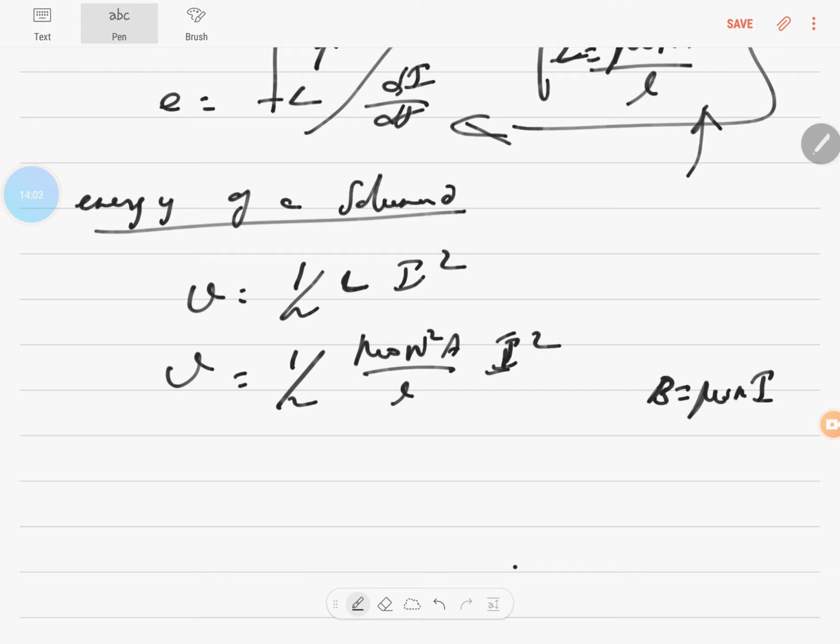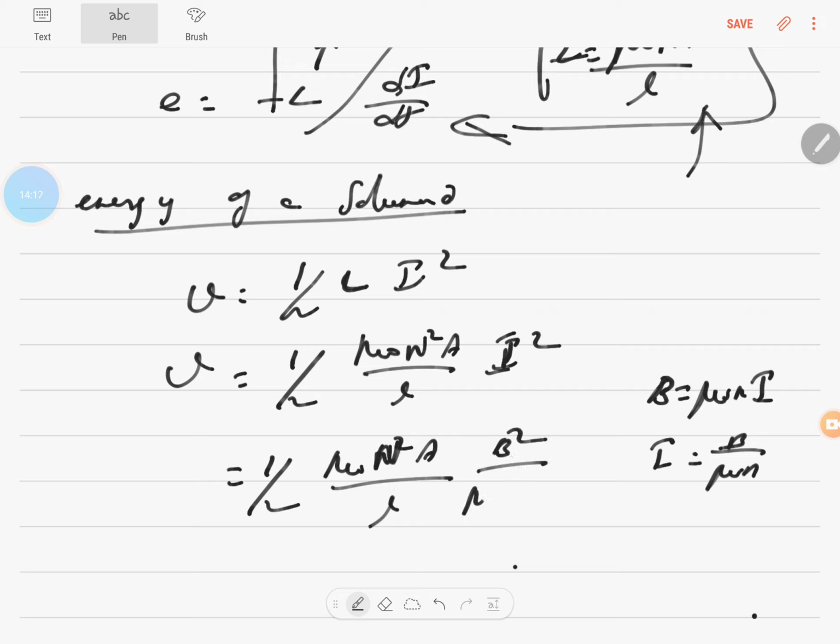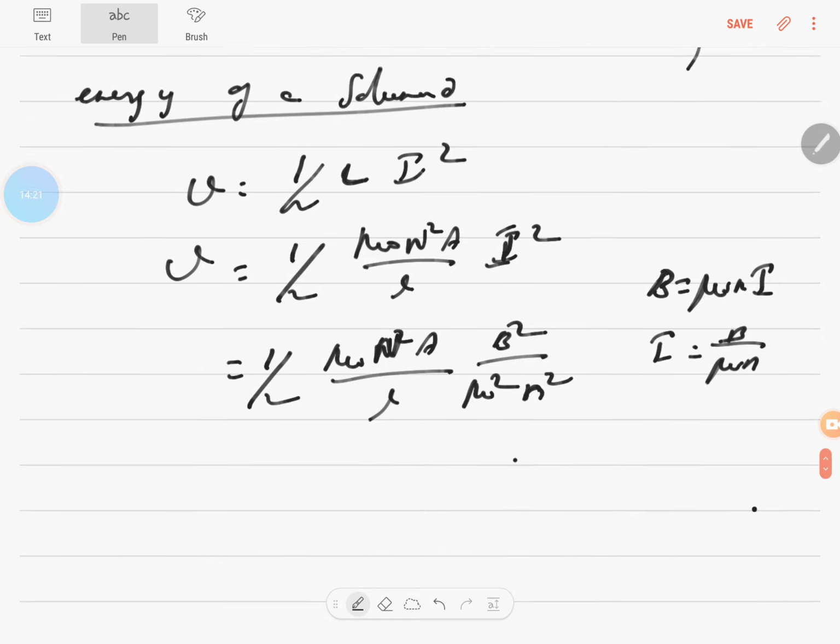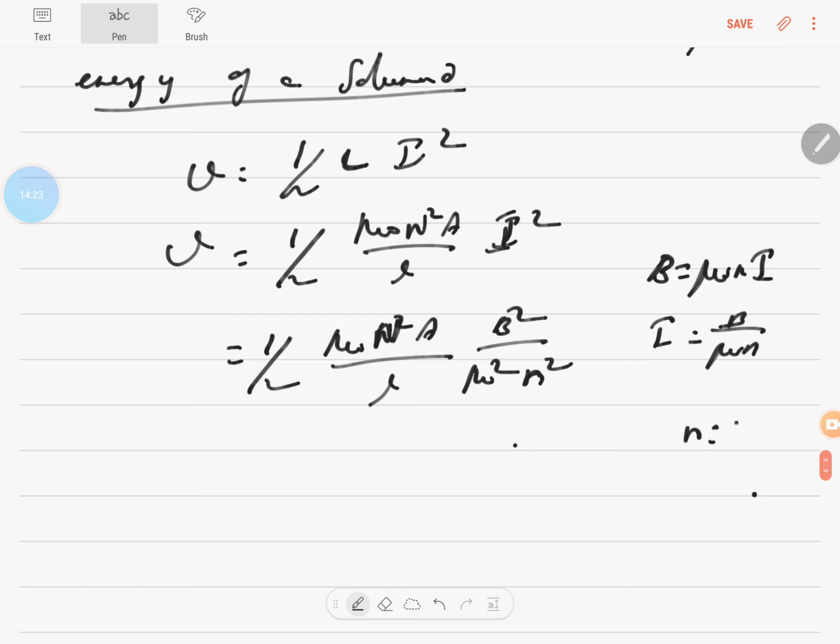The energy stored in the solenoid is in the form of magnetic field. So I is equal to B by mu naught into small n. On substituting here, I square is B square by mu naught square into small n square, and small n square can be written as capital N square by L square.